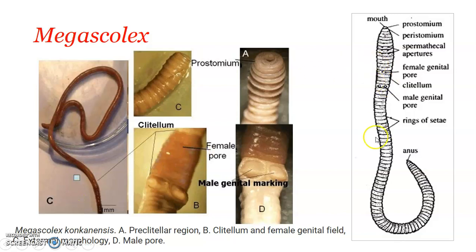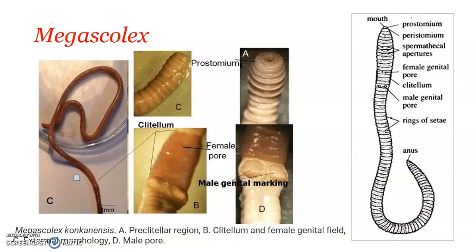The body of the earthworm Megascolex bears almost 80 to 100 or more segments. The dorsal surface is darker in color, while the ventral surface is pale. You can see here the large clitellum. Even if it is not so clear over here, it is very conspicuous. Usually the glandular swelling, that is the clitellum, occupies the 14th to 17th segments.